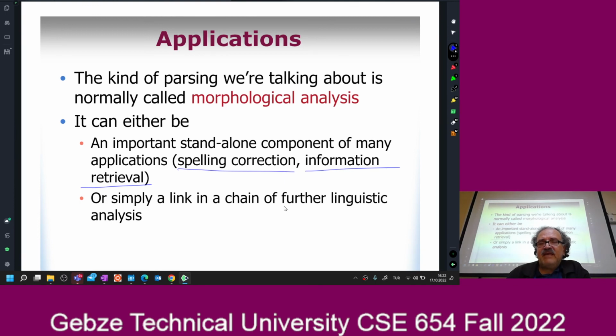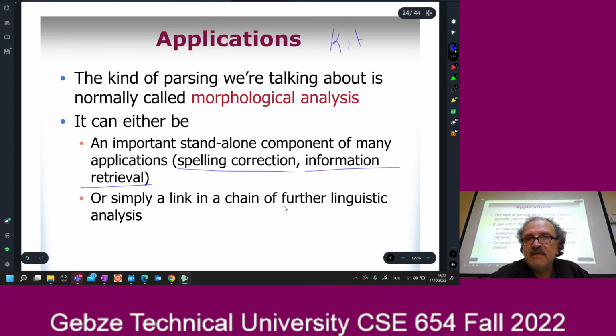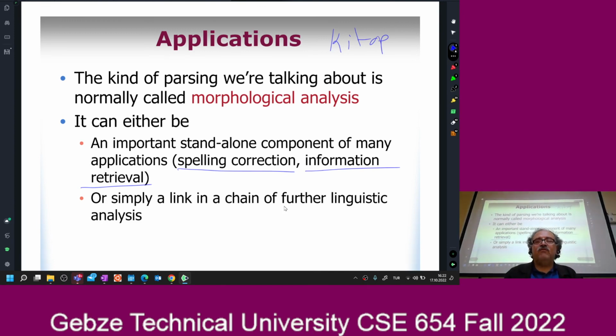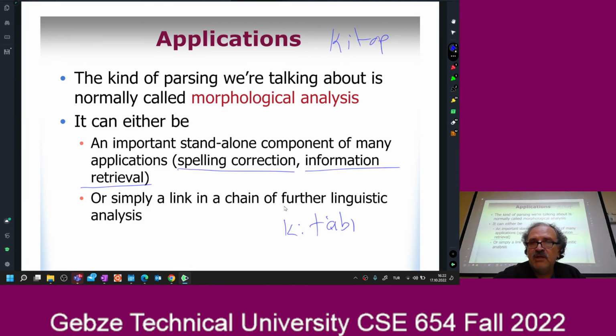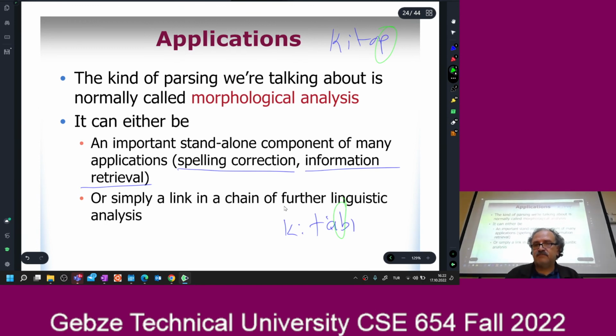Okay, when I make a search on a database, when I say find me all the information about books, or in Turkish kitap, okay, when I say give me all the sentences that involve this word kitap, the system is supposed to return all the words that include kitap in it, including kitabı, kitabım, kitabıymış, and so on. So you see this one and this one.